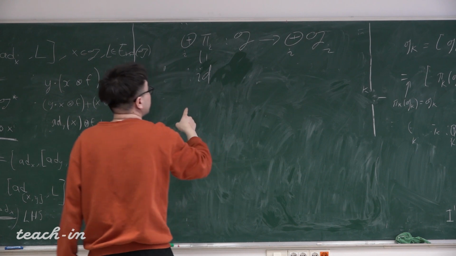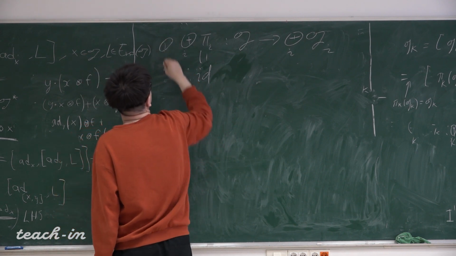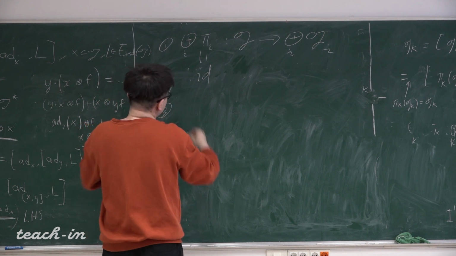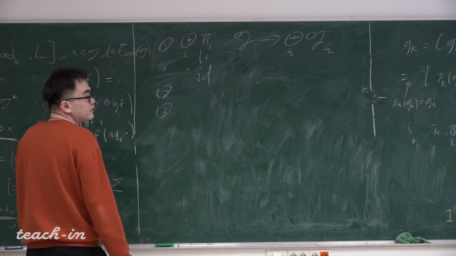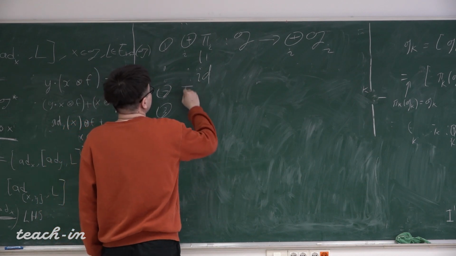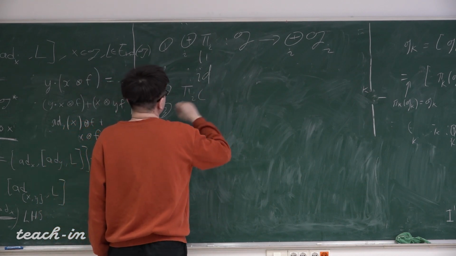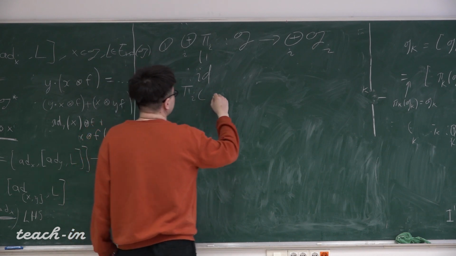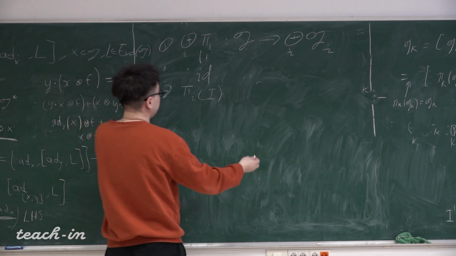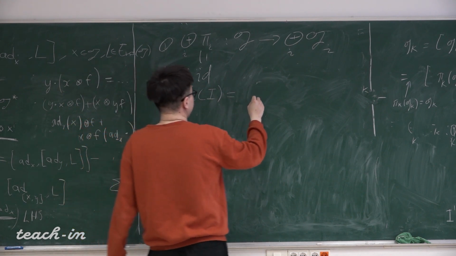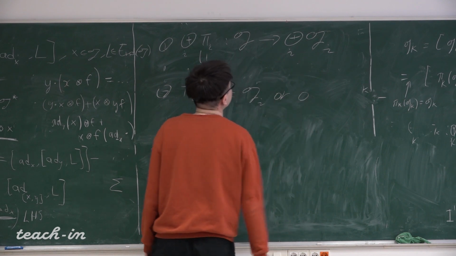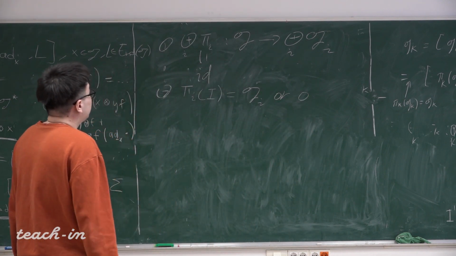Actually identity map. We use these facts. So this is just a point-wise sum, right? And we have actually just the simple aspect: this is GI or 0.